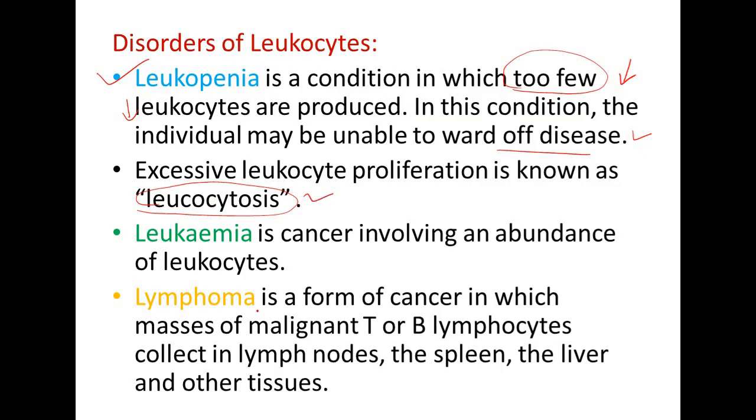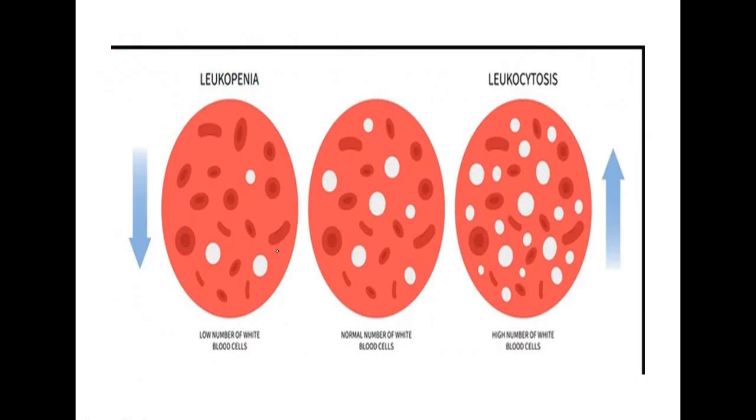I have an image, you can see it here. When the leukocyte count is less, that condition is called leukopenia. You can see only three leukocytes are present in the image, a low number of white blood cells. Leukocytosis means excess over the optimum level.